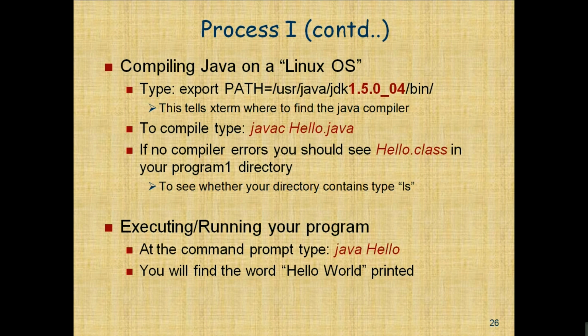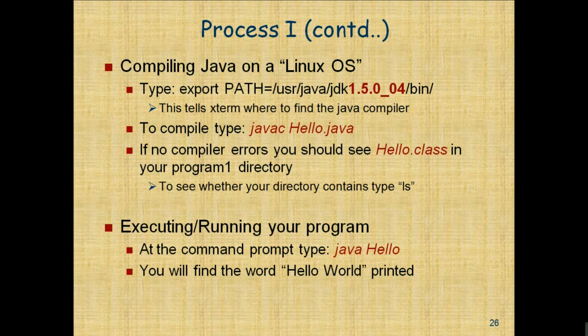We have to type javac and the file name, which is hello.java. So in order to compile, the command is javac hello.java. If there are no compiler errors, you should see hello.class in your program1 directory. To see whether your directory contains it, again type ls.